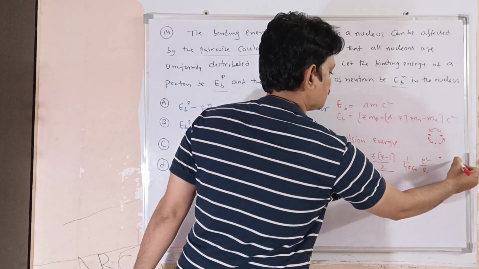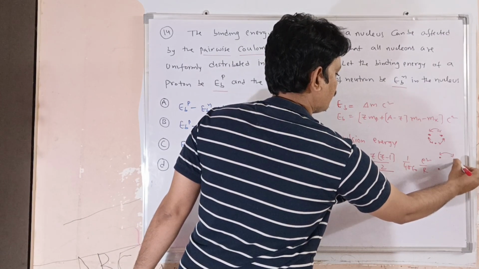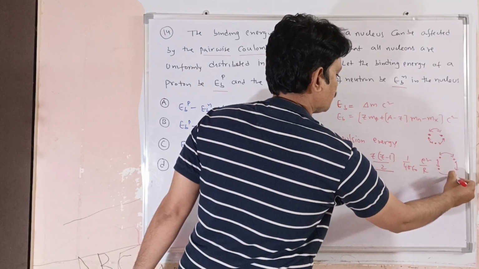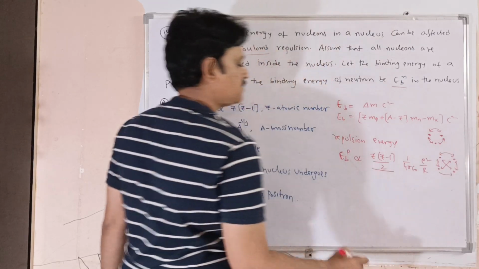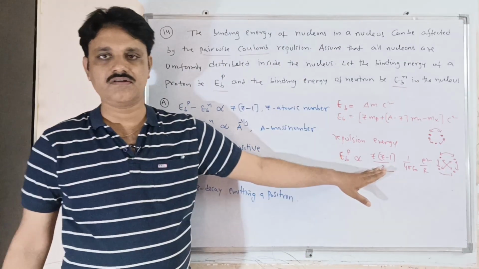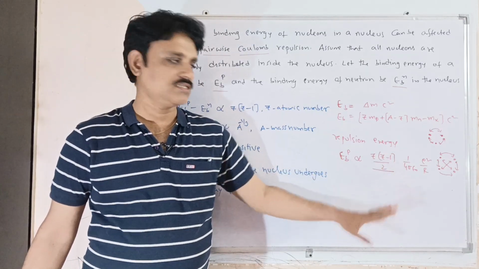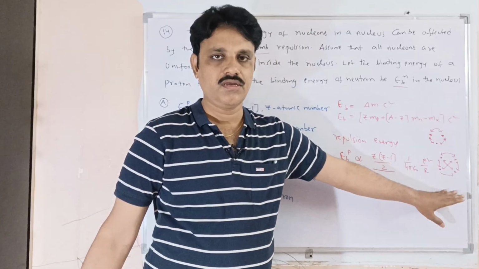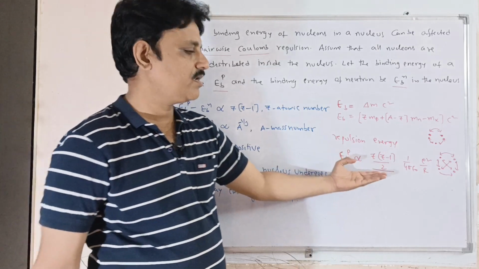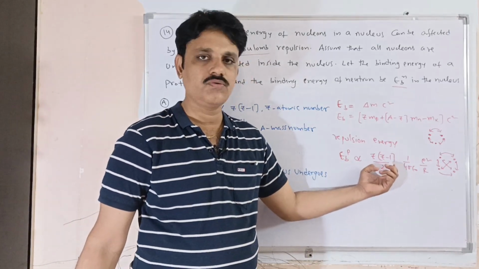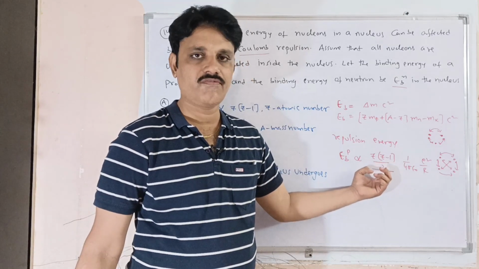Suppose 4 protons are there, how many pairs? Here, the number of pairs is 1, 2, 3, 4, 5, 6. If you substitute Z equal to 4, 4 into (4 minus 1) by 2, that is 2 into 3, is 6. So 6 pairs are formed. Depending on the number of protons, Z into (Z minus 1) by 2 pairs of protons are formed.